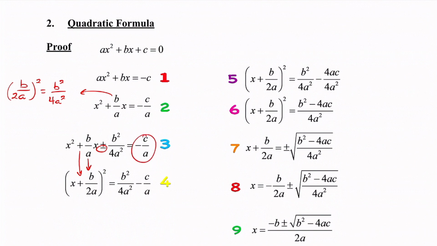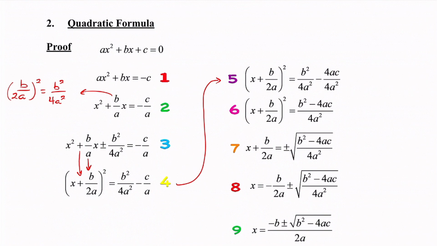So I ended up moving that term to the other side, and when it moves over, it turns into the opposite sign when it goes from one side of the equation to the other. So we got a positive b squared over 4a squared, and then this minus c over a that is still on this side. So from there, we move from step 4 to step 5. And at this point, we've already completed the square on the left side. That's the same as this previous step here, number 4.